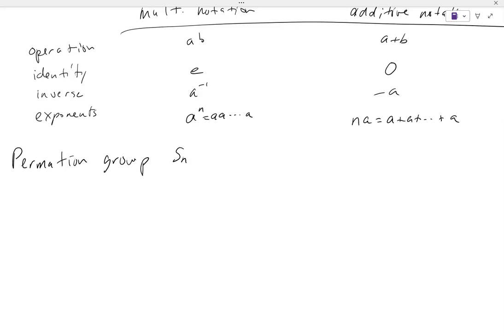Okay. So to give an example of that, remember the definition of a permutation, from a set theory or algebraic perspective, is a one-to-one and onto function from a set to itself.